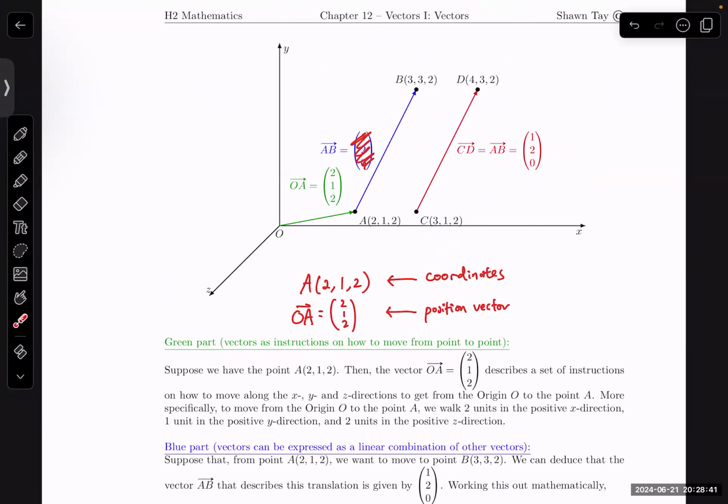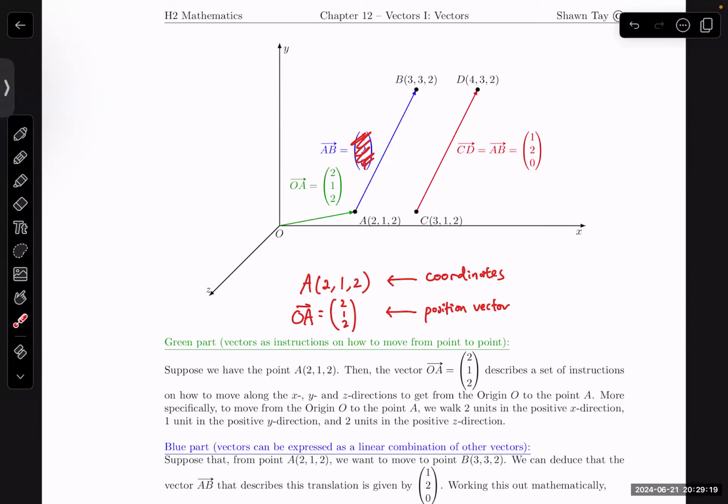In a sense, let's say I tell someone a set of instructions that takes them from point A to point B. I can tell someone else, maybe at point C, the same set of instructions, and they can follow it to get to this other point D. Okay, so these are equal vectors.